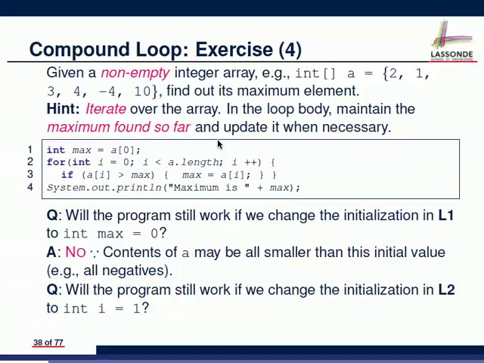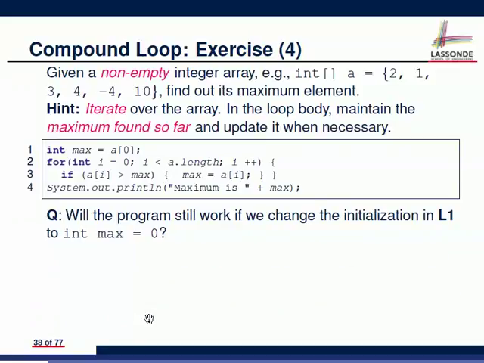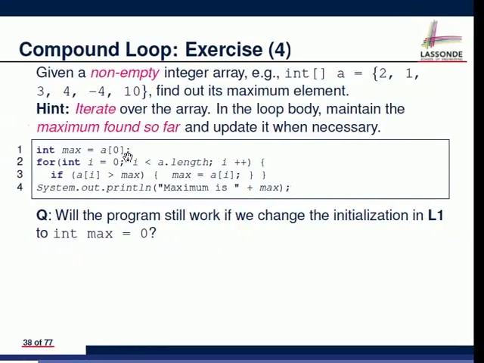Question for you. The first question, I already said that, okay? What about the second question? Will the program still work if we change the initialization in line number 2 so that integer I is assigned to 1? Sorry, what I meant to do is this one here. Let me say that again. The question is, over here, maximum is assigned to A0.